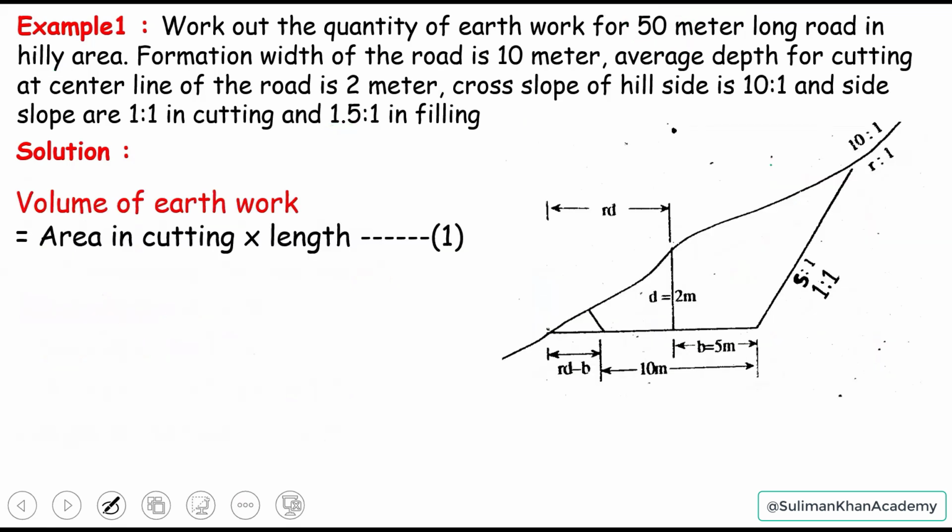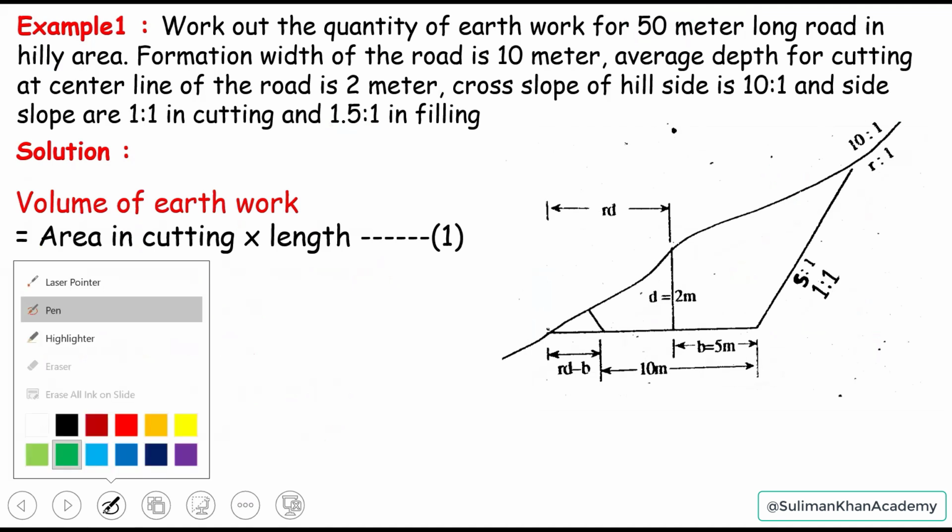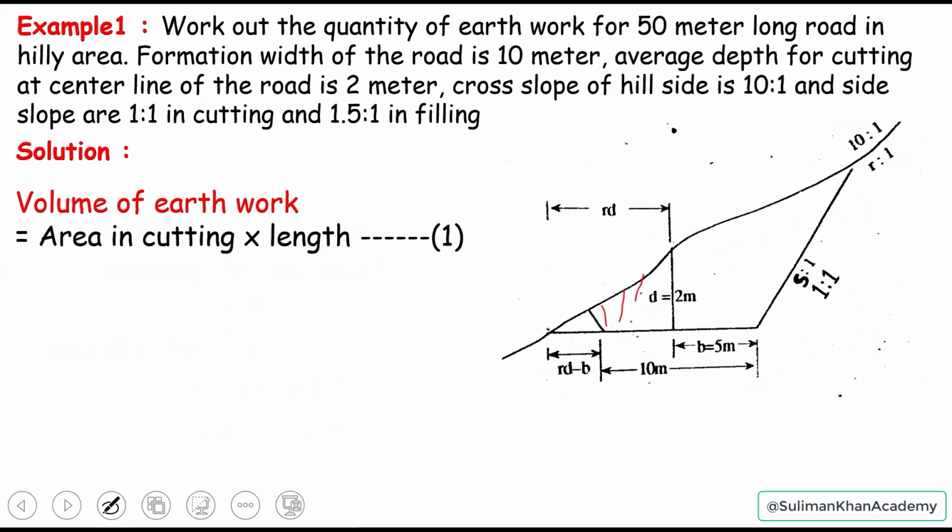And the solution: the volume of earthwork can be the area in cutting, which is this red shaded area. So we have to determine this area, and then multiply this area with the length, so we can have the earthwork.